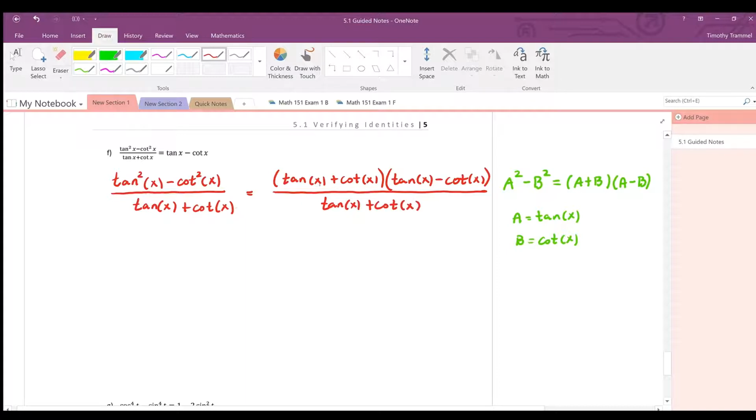All right, and looks like we have the same factor in the numerator and denominator, and that factor is tangent of x plus cotangent of x. So that means we're going to get a little bit of cancellation here, and we'll be left with tangent of x minus cotangent of x.